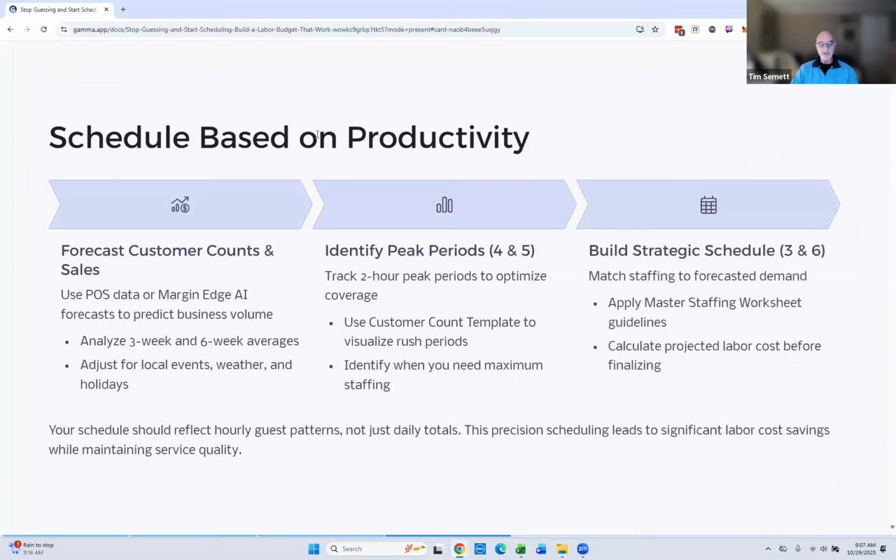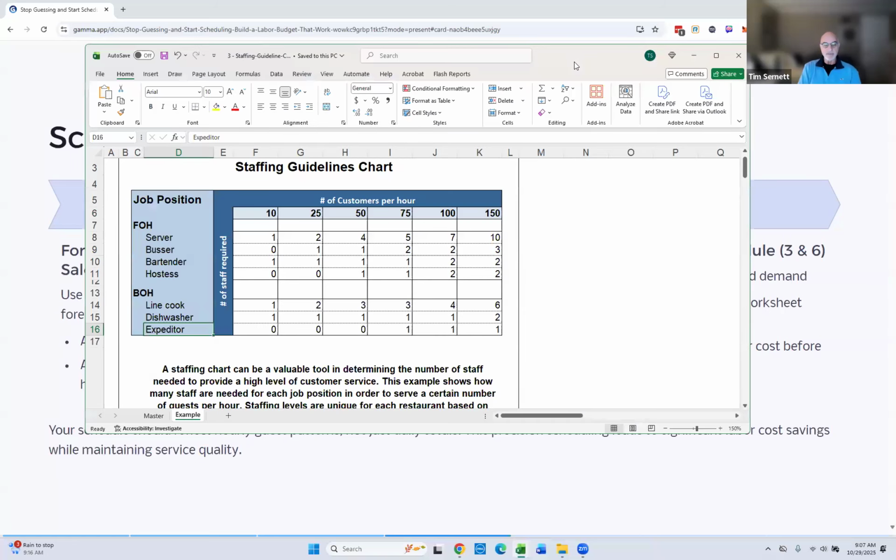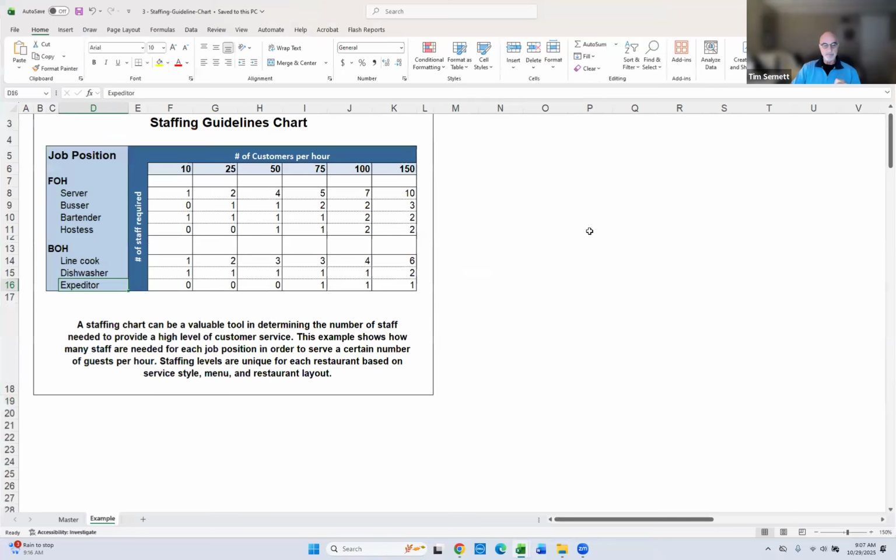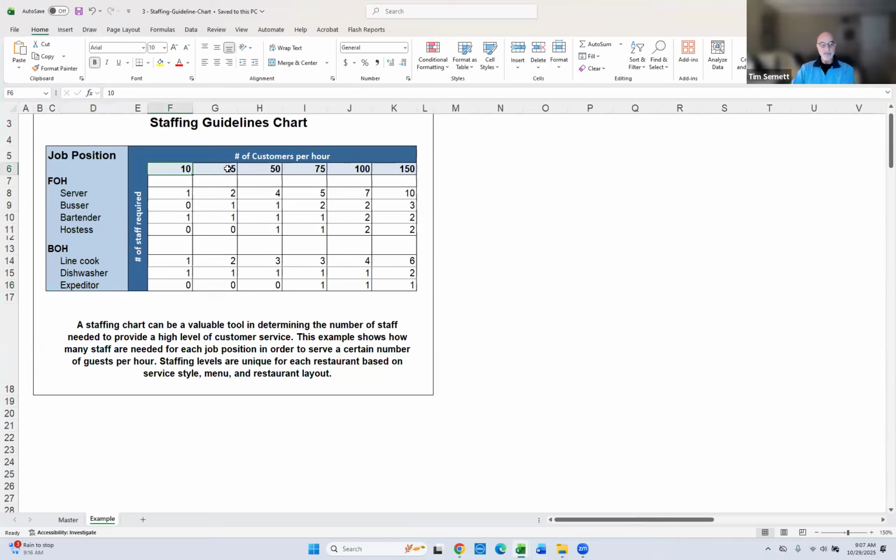So your schedule should be based on productivity. If you remember, last week, we ended by talking about focused observation, walking around your restaurant on a daily basis, you and your key managers, and understanding at each customer number per hour, how many staff do you need? How many of your servers do you need if you have 50 customers per hour?